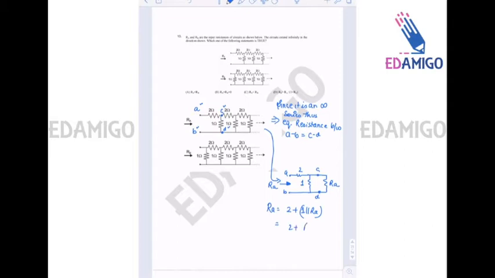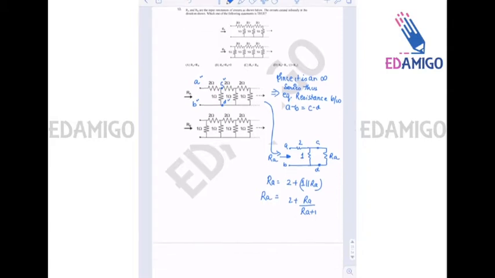That is, 2 plus RA divided by RA plus 1 is equal to RA. Okay, so from here I can say that RA square plus RA is equal to 2RA plus 2 plus RA.